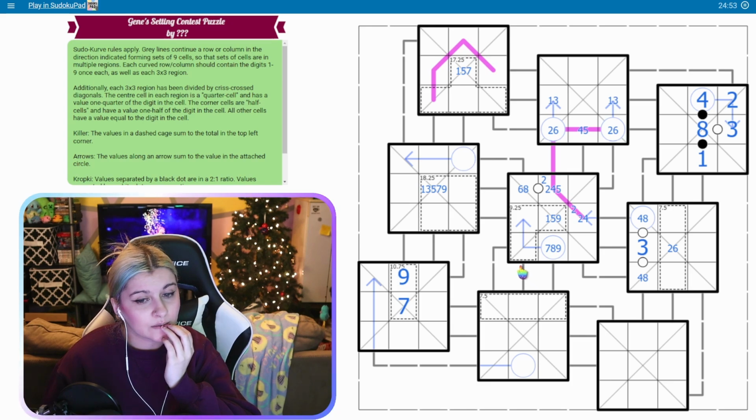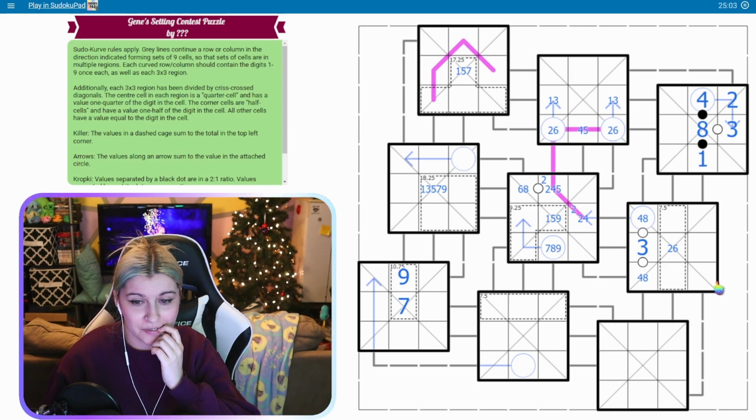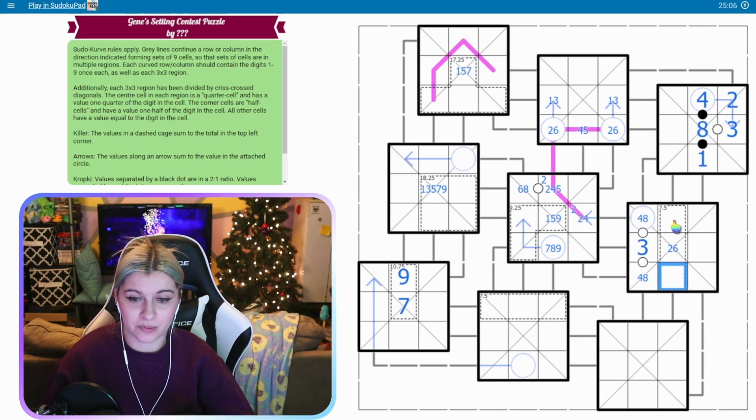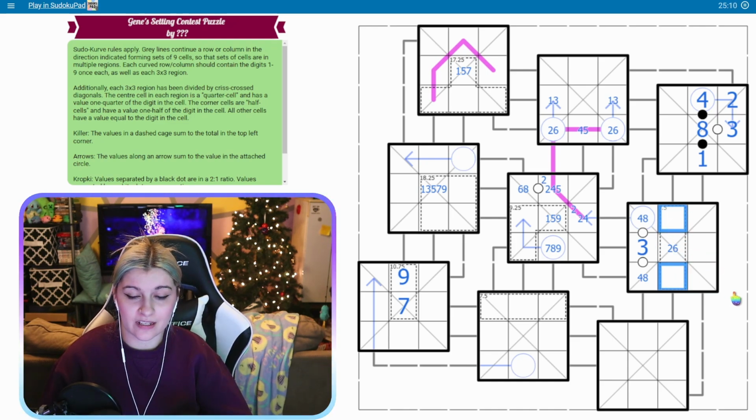So, what more can I do here? What else could I do? Okay, if this is a 2, maybe I do want to pencil these. If this is a 2 quartered, that's 0.5, so these would have to sum to 7. Could I do 1, 6?